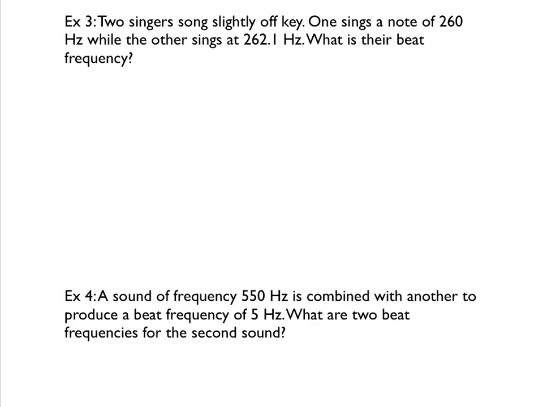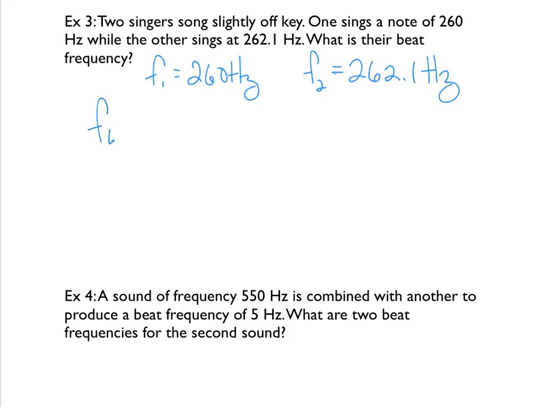An example of this is 2 singers singing slightly off key. One sings a note of 260 hertz while the other sings at 262.1 hertz. What is their beat frequency? So let's write down our givens. To calculate our beat frequency, we're going to use the equation, the absolute value of f1 minus f2.